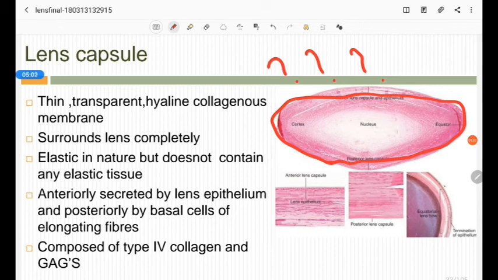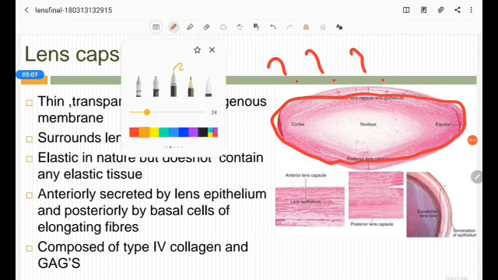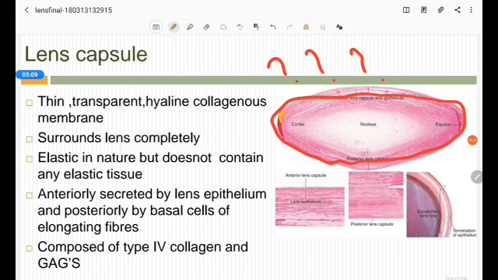As you know, there are lens epitheliums located in the anterior part of the lens. So it is this lens epithelium that secretes the anterior part of the lens capsule. And there are basal cells here which form elongated fibers which secrete the posterior part of the lens capsule.